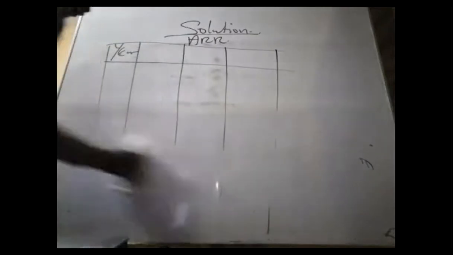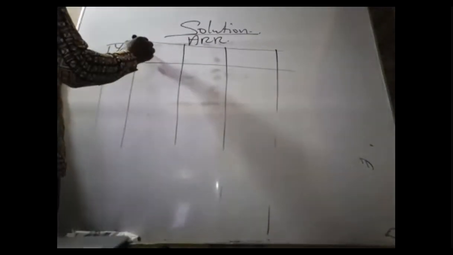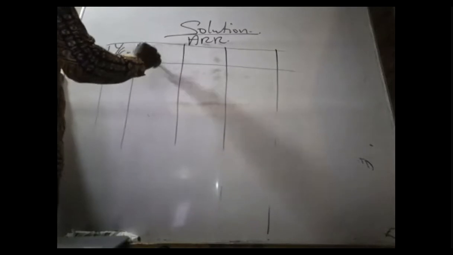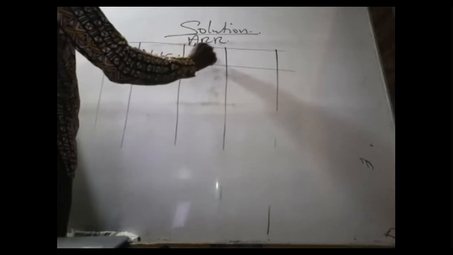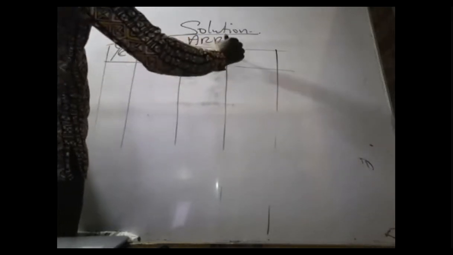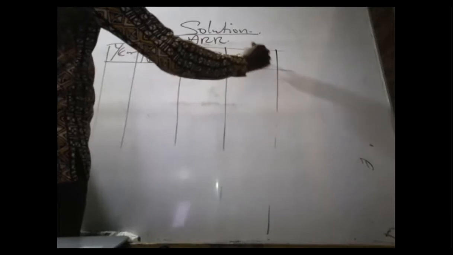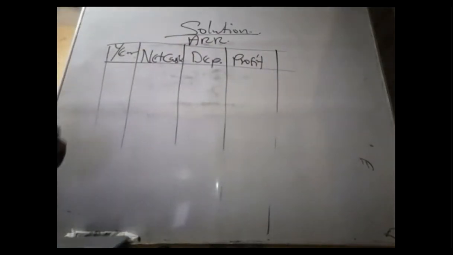So first, let us examine net cash flow, then my depreciation, then my profit, because for accounting rate of return we are not interested in cash. The word accounting is not about cash. The word accounting is about profits. It's about records. As accountants, we are interested in profit, right?